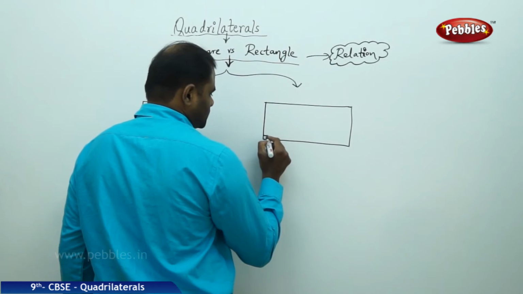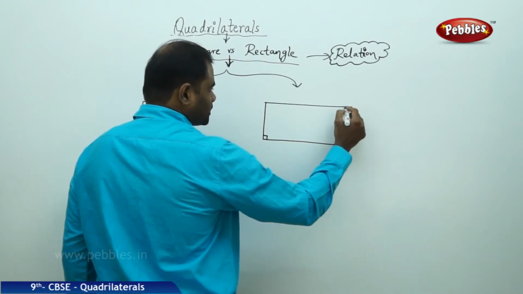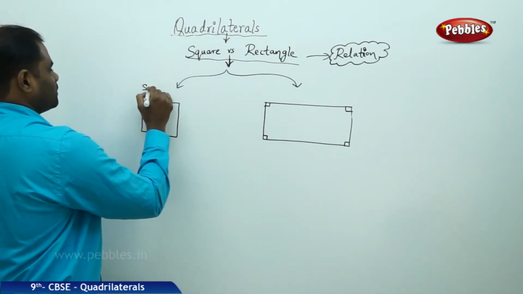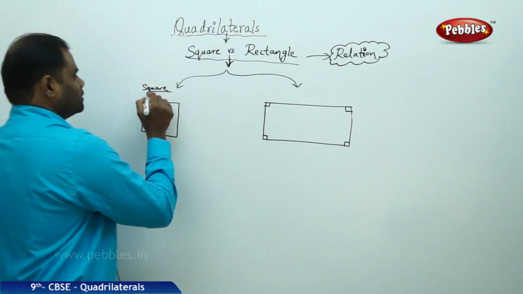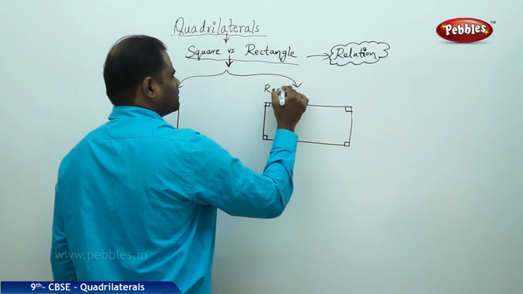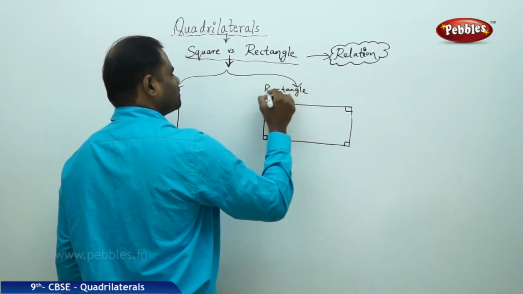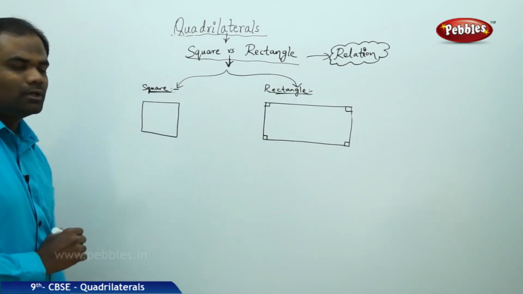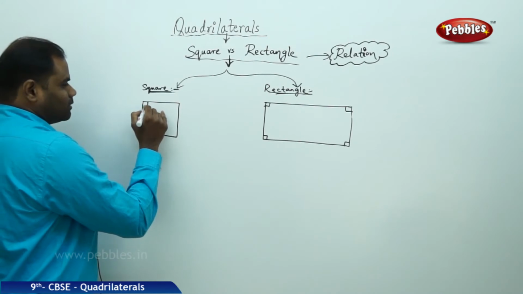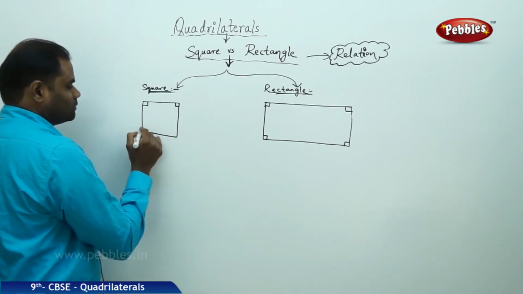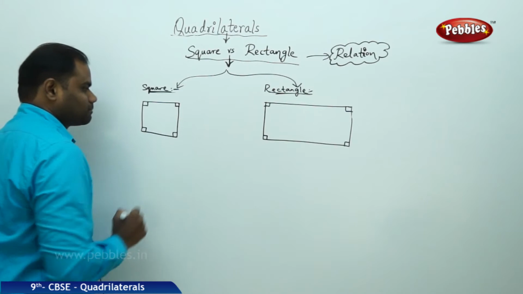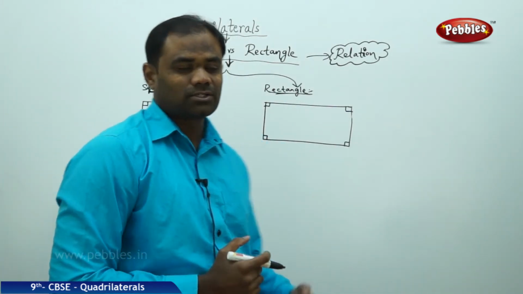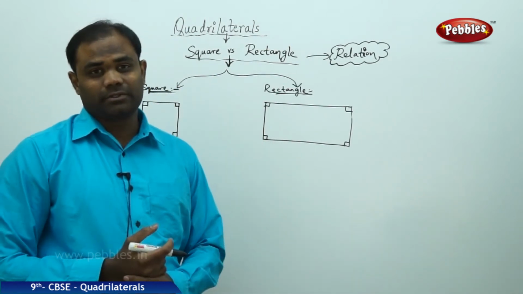Here, in a rectangle, I see that each angle is 90 degrees, this being a square and this being a rectangle. Also in a square, I identify that each angle is 90 degrees. So in both cases, each angle of a square and a rectangle is 90 degrees.